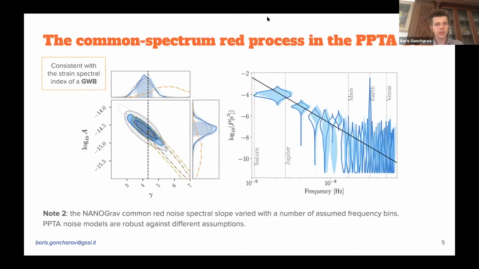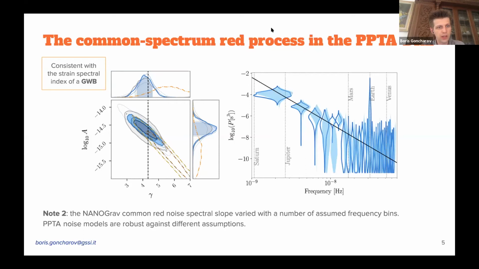So now this is the slide that shows the spectral properties of this common spectrum process. In PPTA DR2 we find very strong Bayesian evidence for this common spectrum process if we follow the same methodology that NANOGrav used. There are two figures here. The figure on the left shows the measurements of the amplitude and the power law index of this common spectral process.